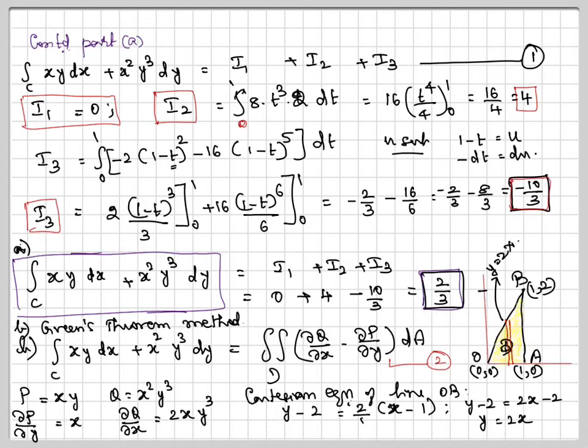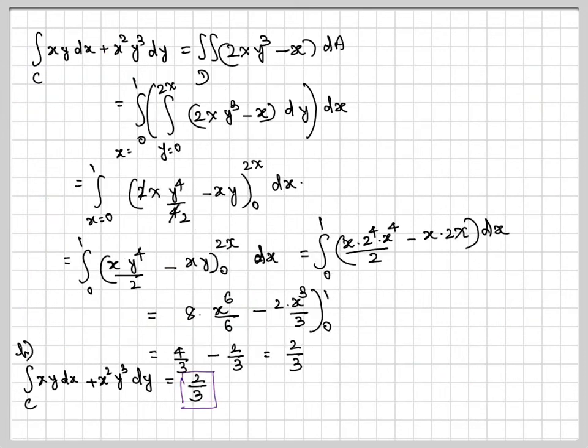So the integral over C of xy dx plus x squared y cubed dy is the double integral over the domain D, and we are going to use dQ by dx minus dP by dy. Substituting those values from the earlier slide, dQ by dx is 2xy cubed and dP by dy is x.